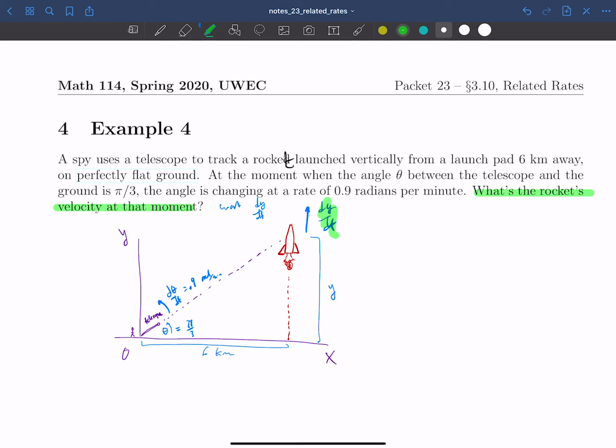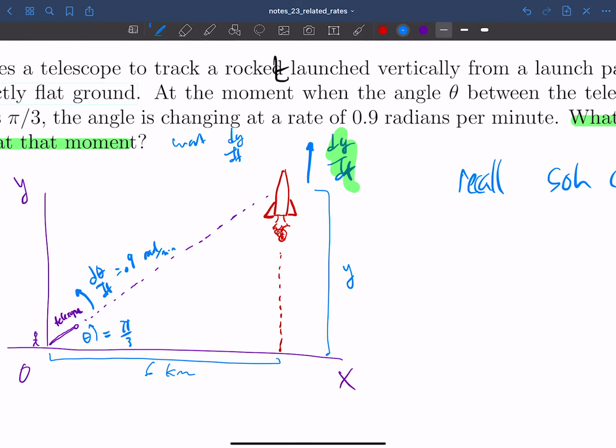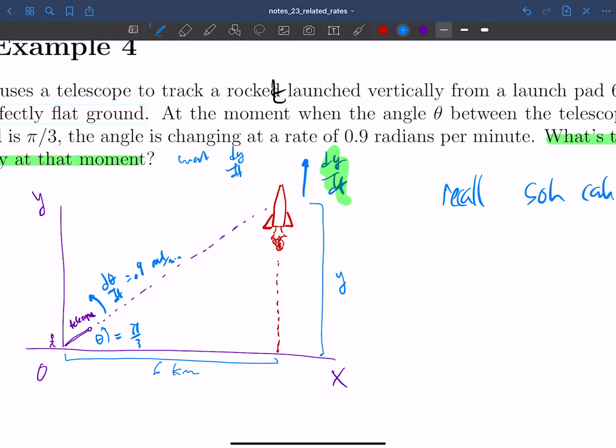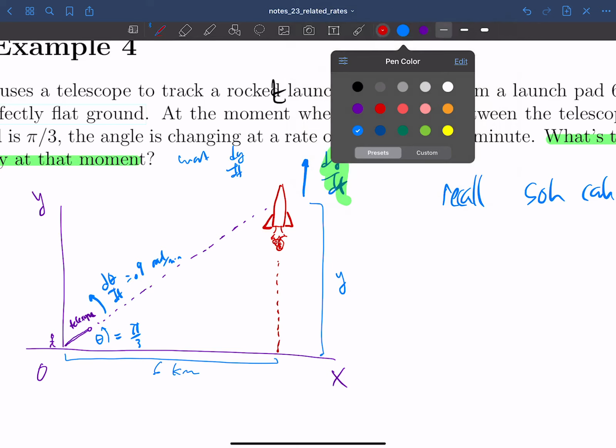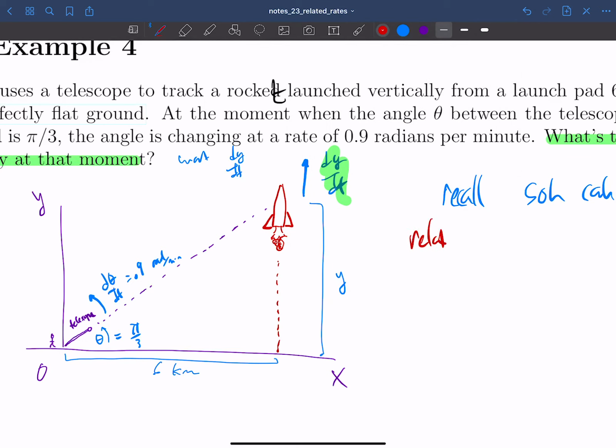I think that we should probably recall SOHCAHTOA. So I want to relate theta and y.